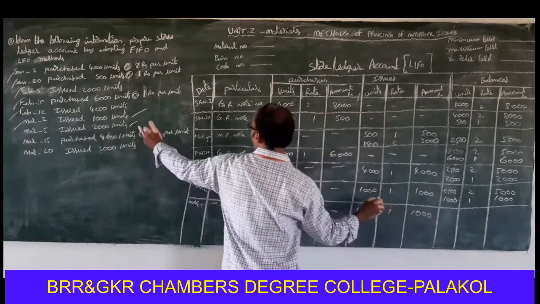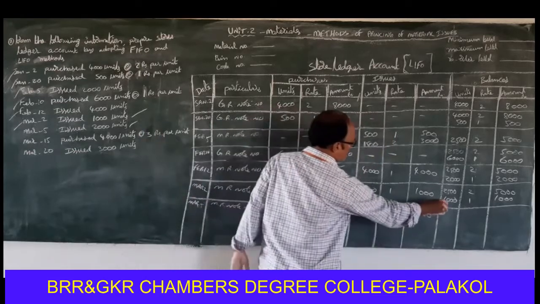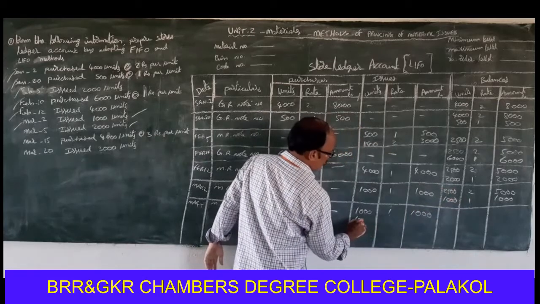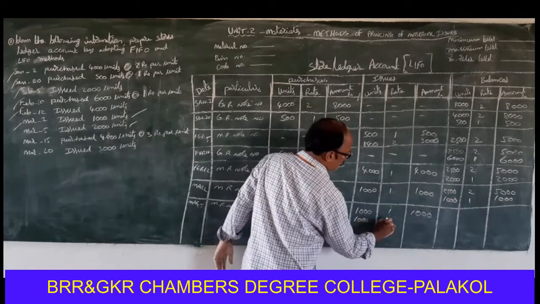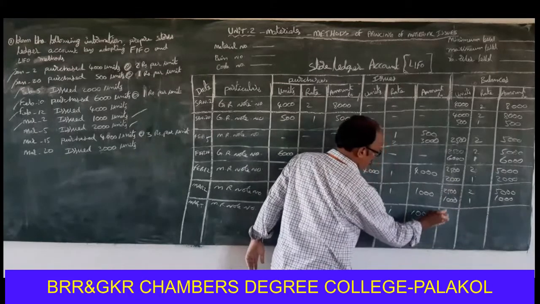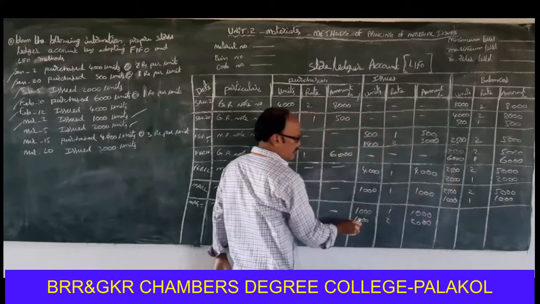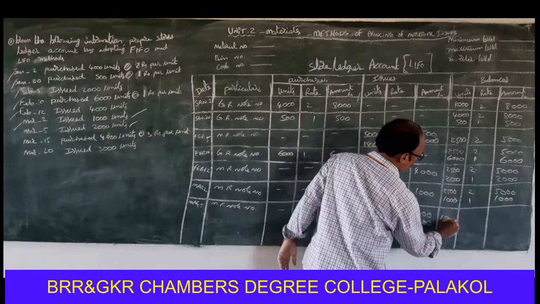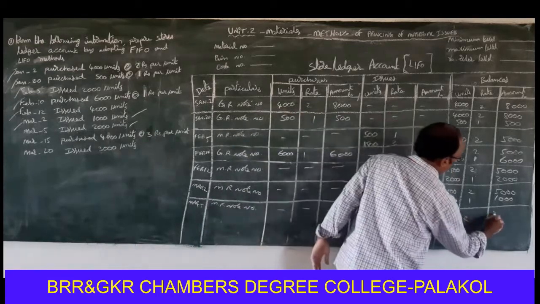Total number of units wanted to issue is 2,000. First release this one, then the remaining 1,000 received from this. So 1,000 at the rate of 2 rupees per unit, 2,000. So 2,500 minus 1,000 is equal to 1,500 into 2, 3,000.